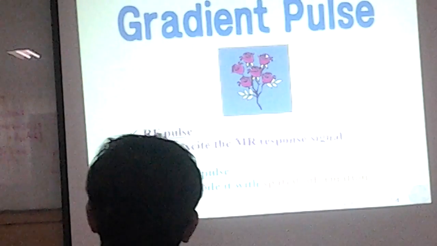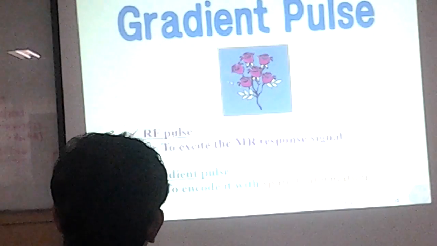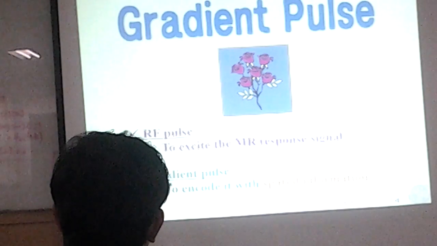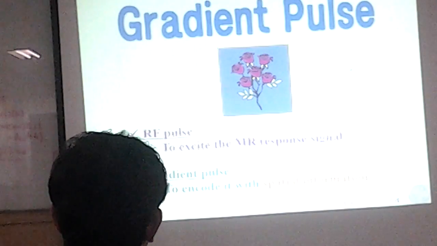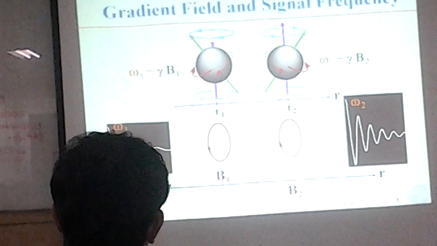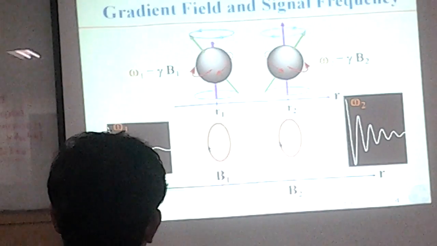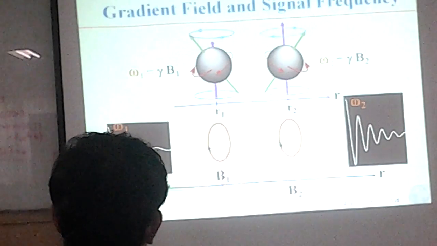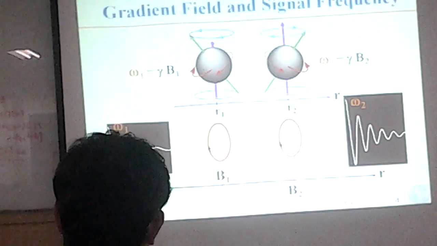Okay, let's move on. Gradient pulse. As I said before, the gradient pulse is used for spatial information encoding. So if you assume that there are two spins at different locations, and using two loops with opposite current, then a linearly varying magnetic field is generated.